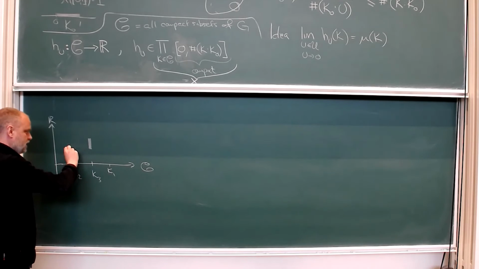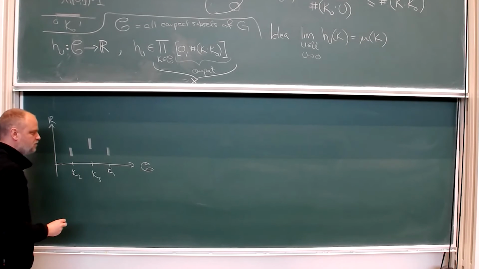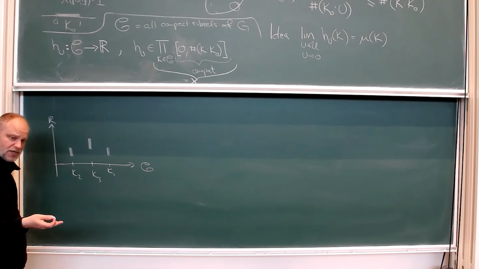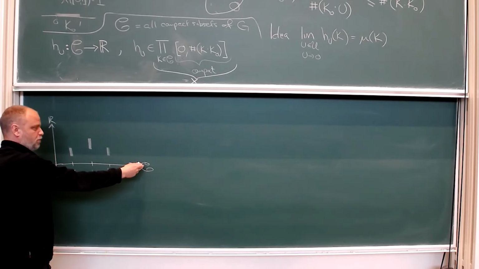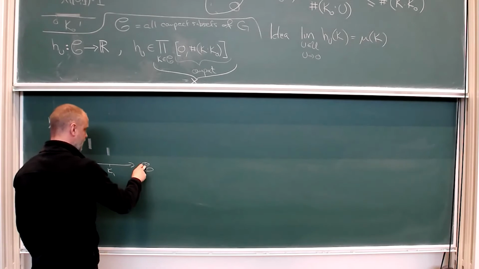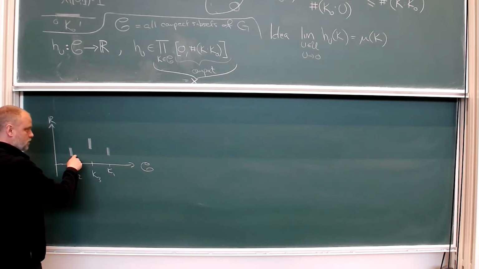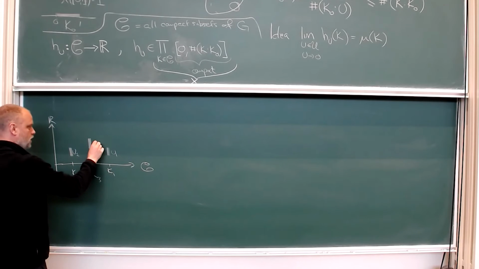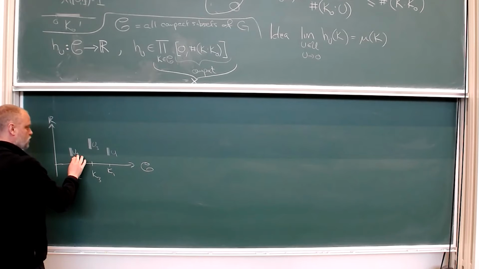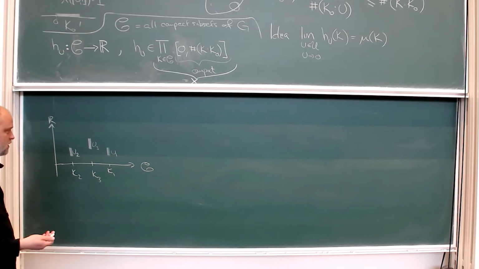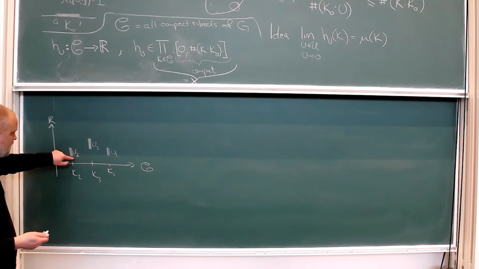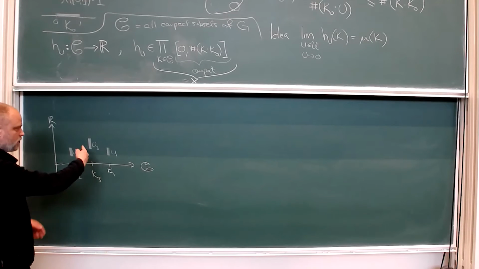And then I take an open set here and an open set here. Then you define something to be open here. So you can do U1, U2, and U3. This defines a basis of open sets, an open set now in the product space.